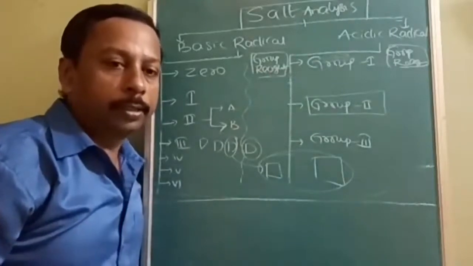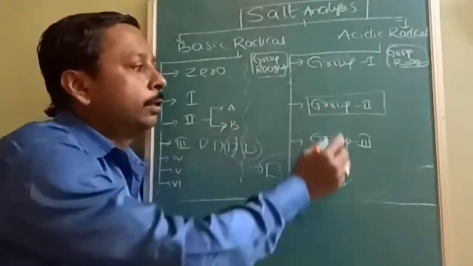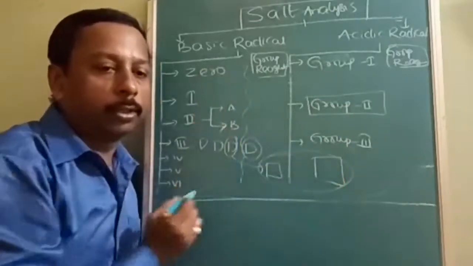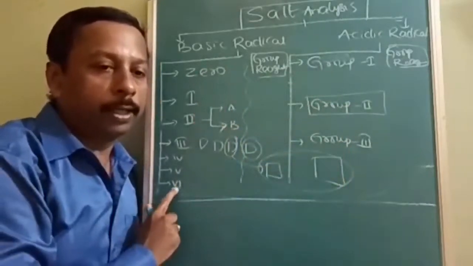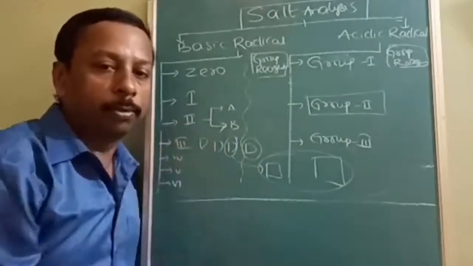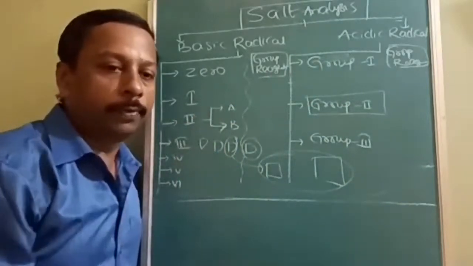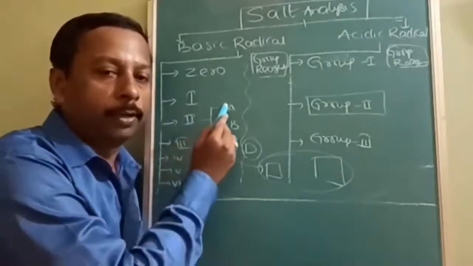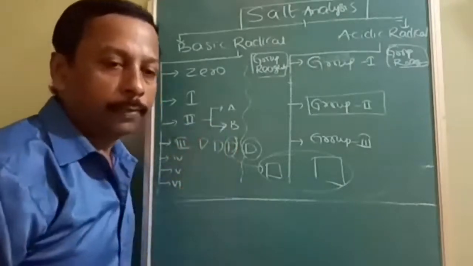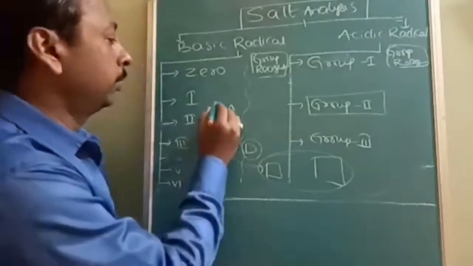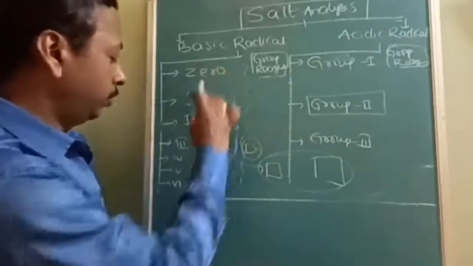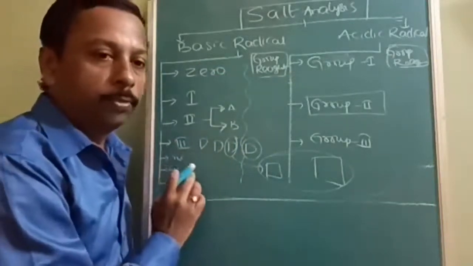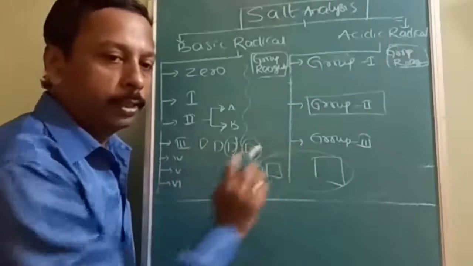Hence it is classified into three groups, and in total it appeared to be six groups, but actually how many groups? Seven groups. The second group is further divided into two parts, so total six parts. So the number of groupings is more in the basic radical, less in the acidic radical.